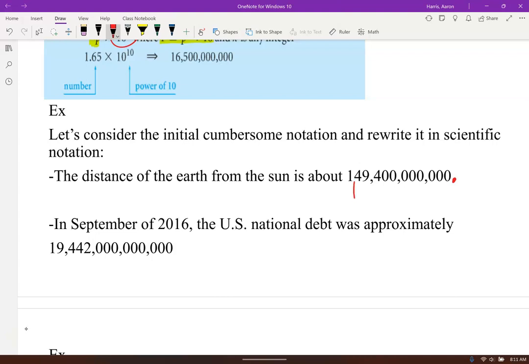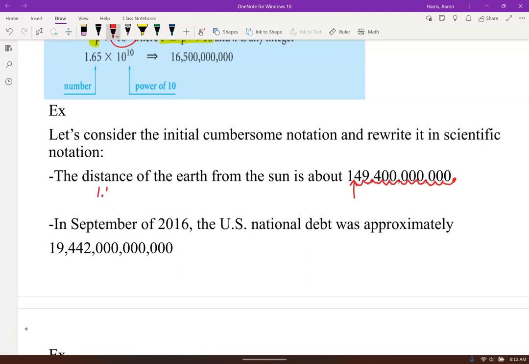So I want it to be right there between the 1 and the 4. So I'm going to move it over. I just want to count how many digits over it is. 1, 2, 3, 4, 5, 6, 7, 8, 9, 10, 11.